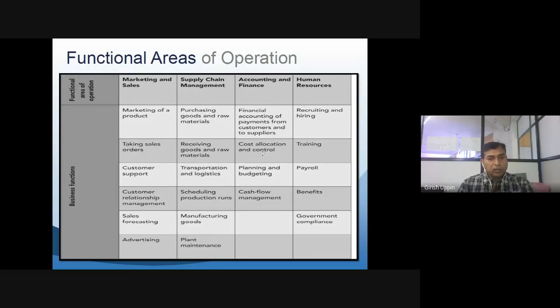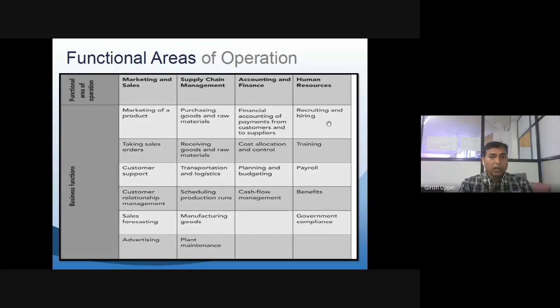Okay, the cost doesn't deviate too much from year on year. Planning and budgeting. So accounting and finance, they will do the planning and budgeting. Cash flow management, whatever the cash flow they are getting, they have to manage it.